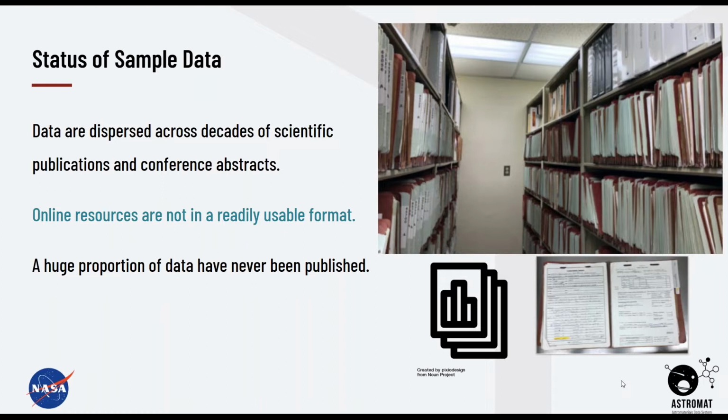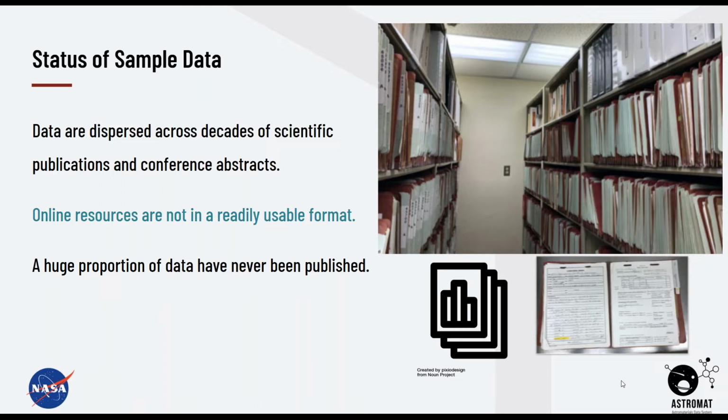So over many years, decades, data have been generated on these samples. These samples have been distributed to be analyzed in the lab, to be described, and so on. And the data that have been generated are being reused. People want access to it, but they are very dispersed across the literature.